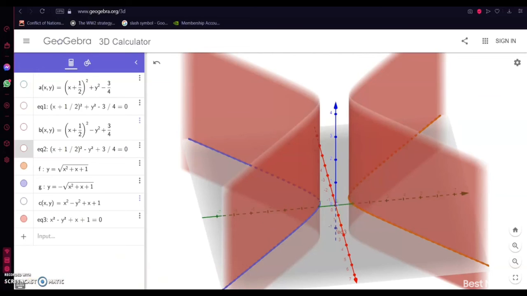Well, okay. What does this mean? Our initial equation was to find x squared minus y squared plus x plus 1. It wasn't to find whatever I just found. Okay, that is correct.